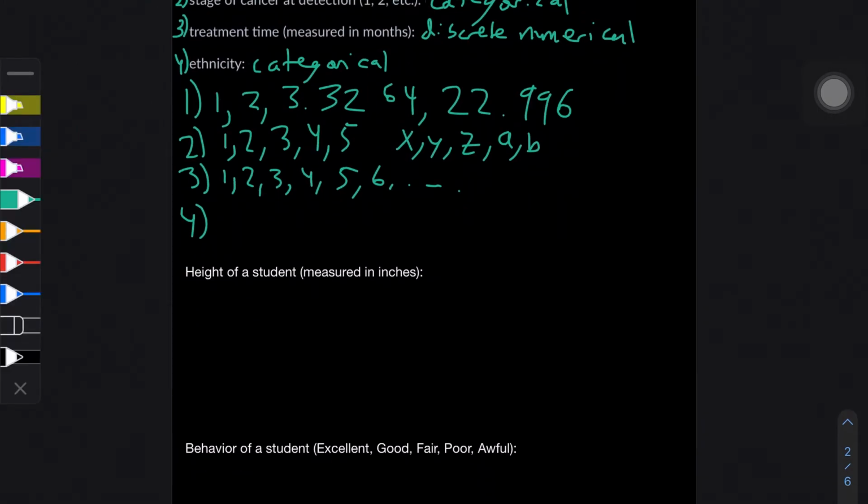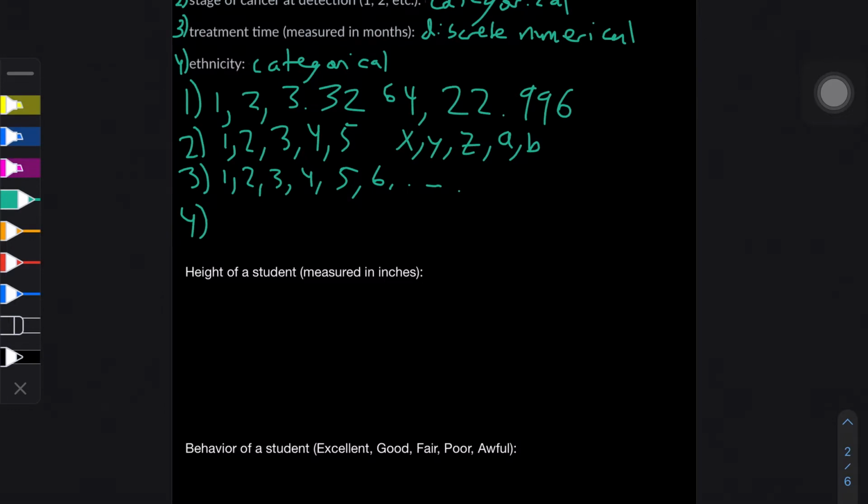So now this next one, height of a student measured in inches. So measuring in inches, that could be, right, any number. So you can have like 60 inches, you could have 61 inches, you could have anything between, I guess, 0 and however tall the tallest person in the world is.